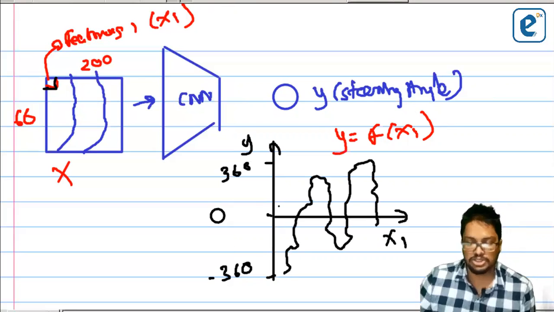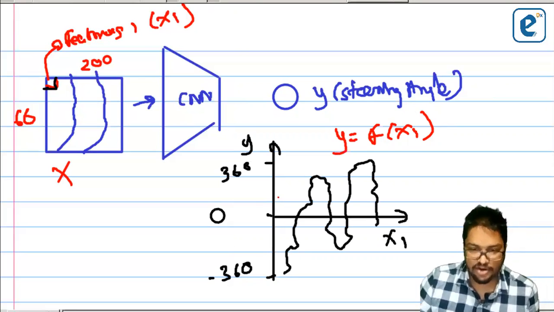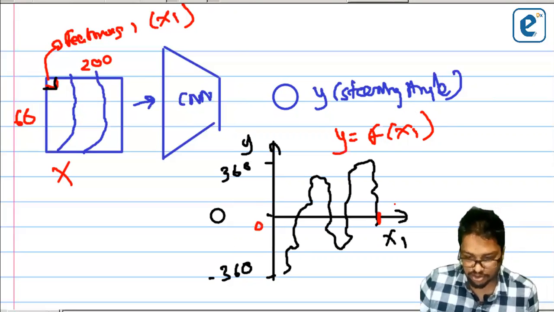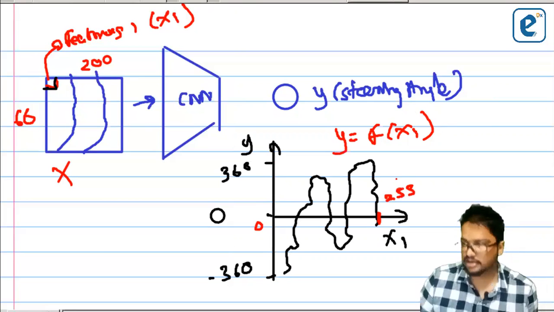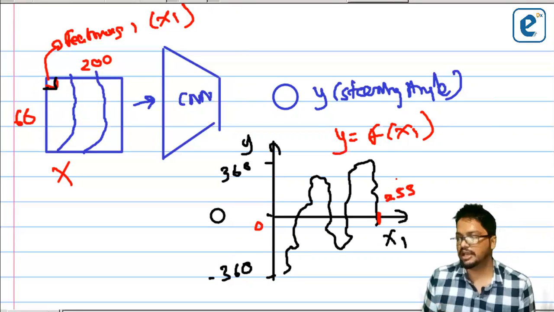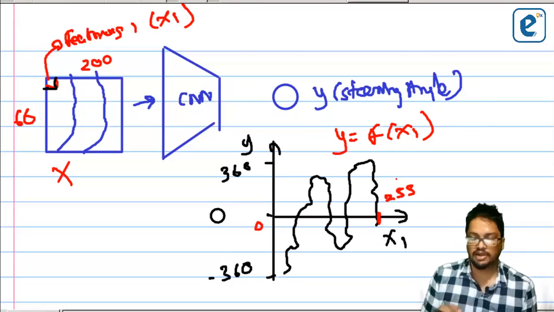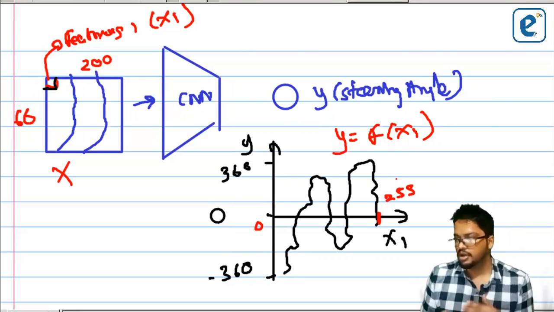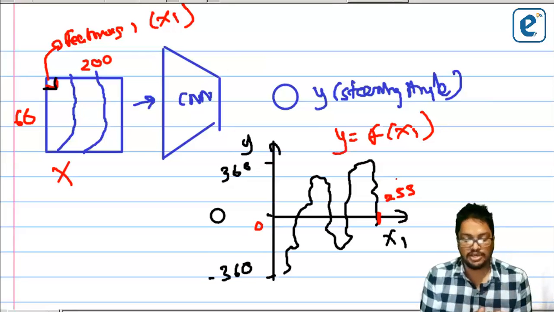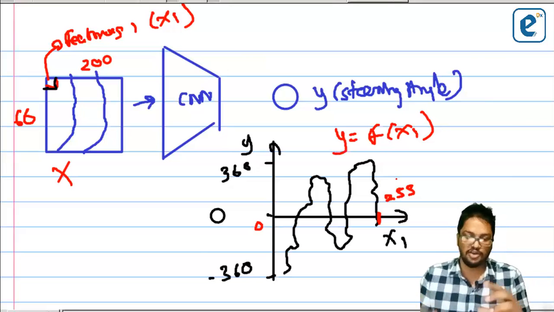This pixel value will range from 0 to 255, since if you use a grayscale image, the pixel value ranges from 0 to 255. When the pixel value ranges from 0 to 255, the steering value might change like this.